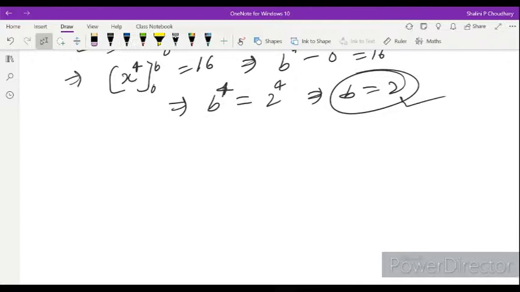Now, when something is given and you have to show something, what will you do?